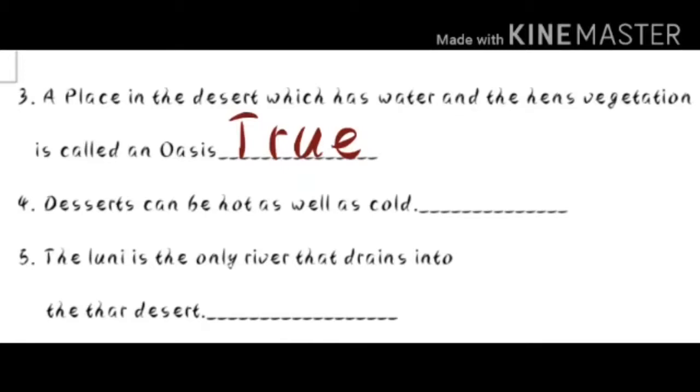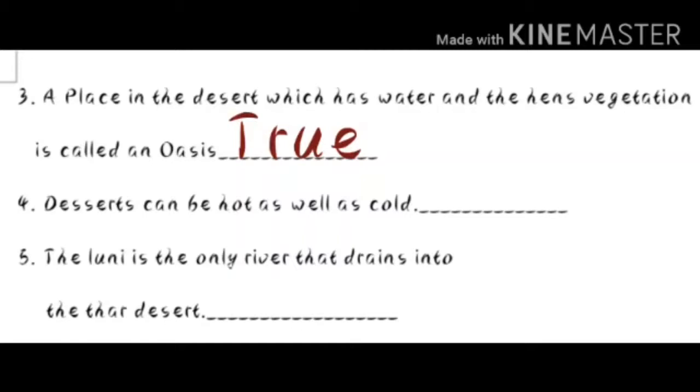At some places in the desert, the underground water comes to the surface. Such a place in the desert which has water and thus vegetation is referred to as an oasis. So, a place in the desert which has water and hence vegetation is called an oasis.